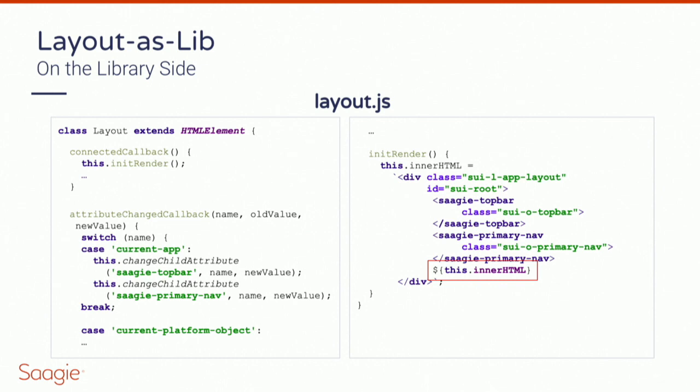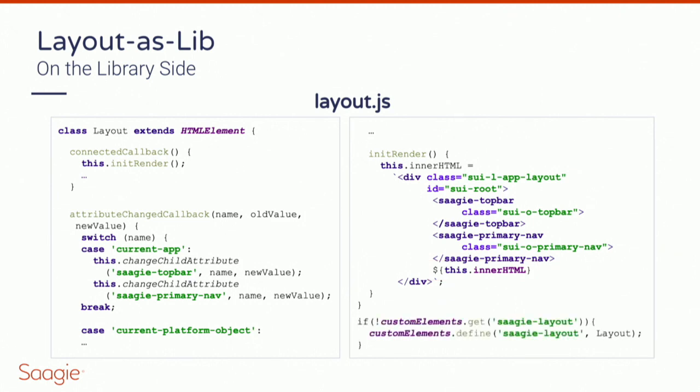That's the data governance tag we encapsulated. So that's the reason why we call this method initRender, because we wanted to be sure that there is no way it can be accidentally called two times. For the very same reasons, before registering the custom element into the custom element registry, we're going to check if it has not already been declared.